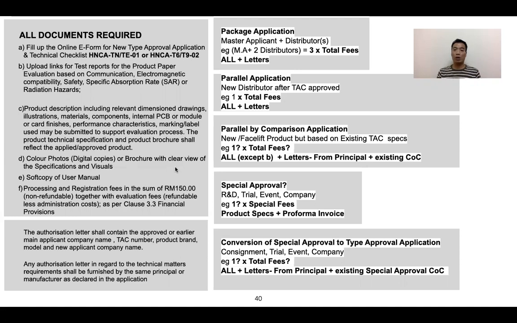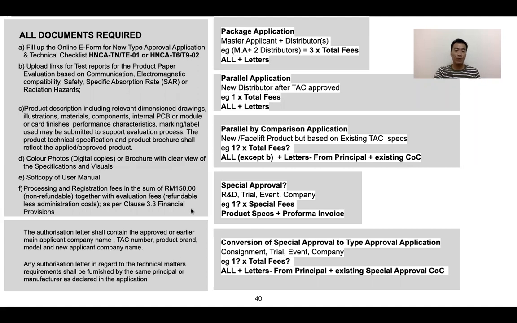If not, you can opt to ask for a refund to stop this application. It happens sometimes. Some products have some model changes in terms of the naming. We allow that. We refund it. Of course, less administration cost. Okay, as per clause 3.3 in the financial provision, you can check within the agreement.